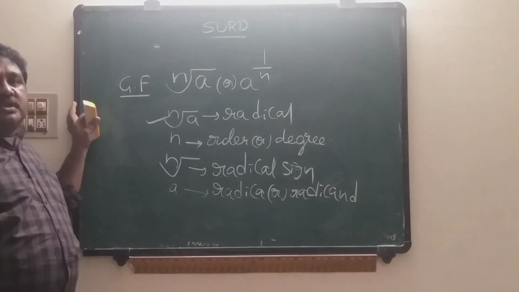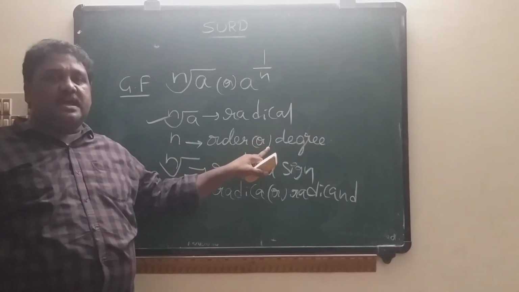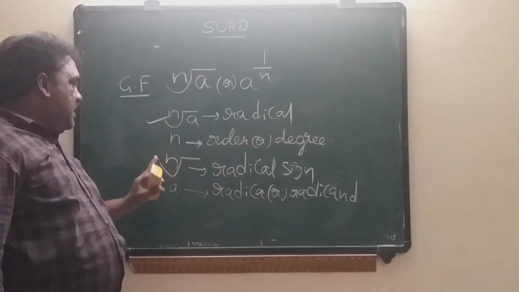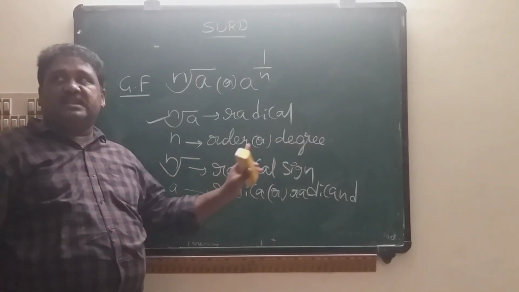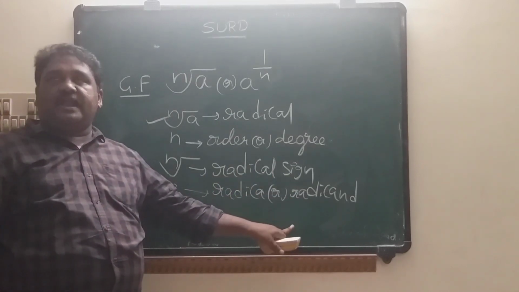So in nth root A, n is known as the order or degree of the surd. Nth root is known as the radical sign. A is known as the radicand.